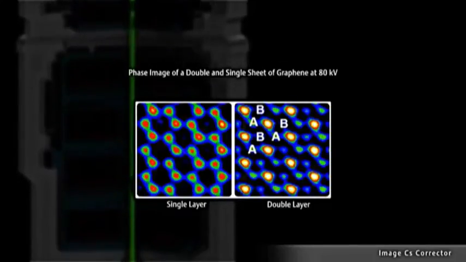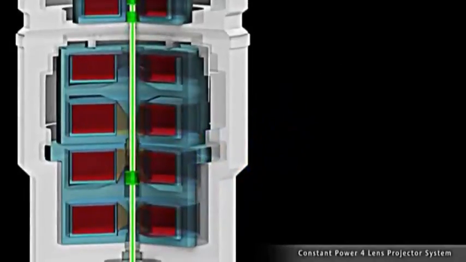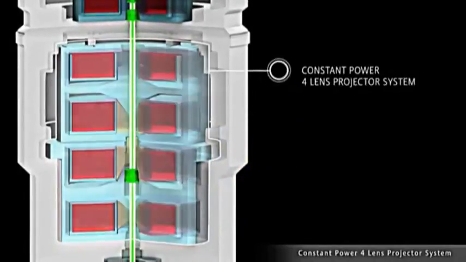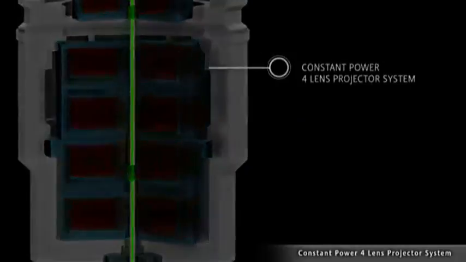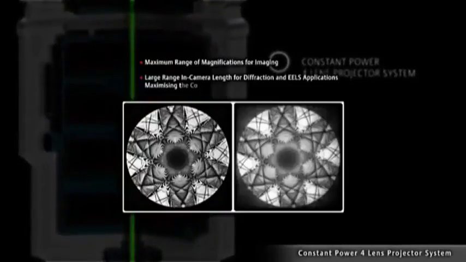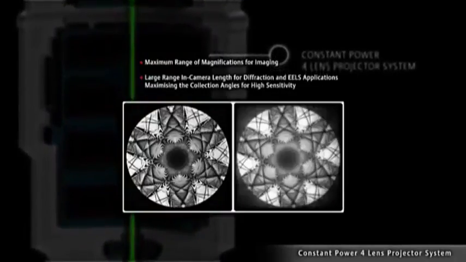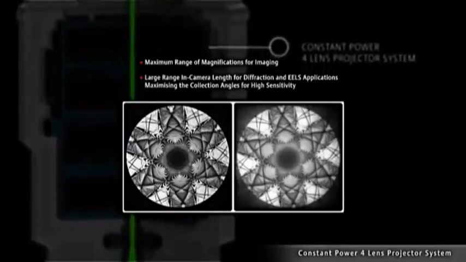The projector system is ultra-stable due to its constant power electronics and offers a maximum range of magnifications for imaging and large range in camera length for diffraction and EELS applications, maximizing the collection angles for high sensitivity.